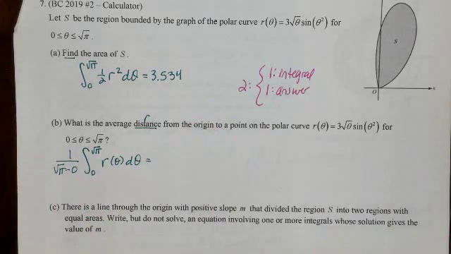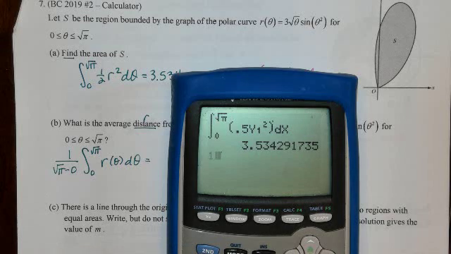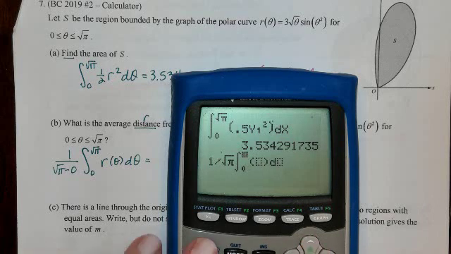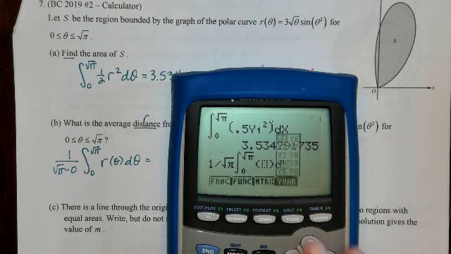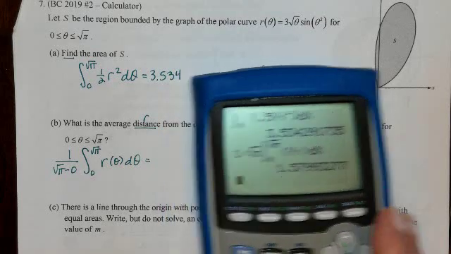Okay, that's going to be it. So calculator time: 1 divided by square root of pi times the integral from 0 to square root of pi of r, which is my y1, d theta. So 1.580 or 1.579.